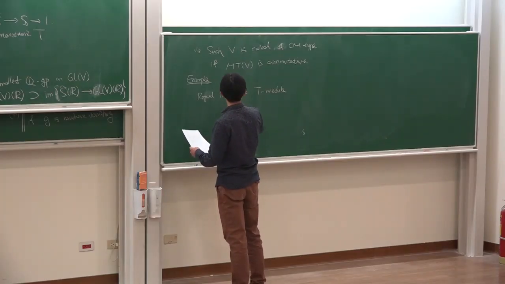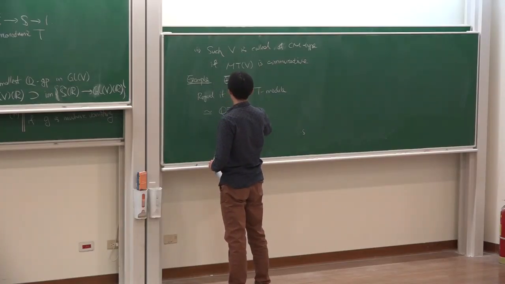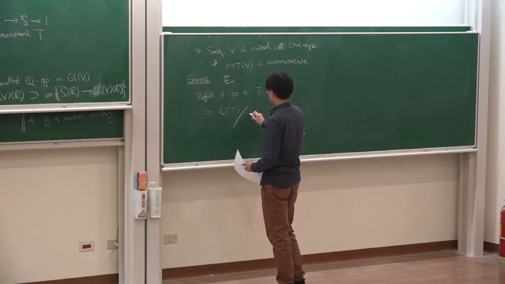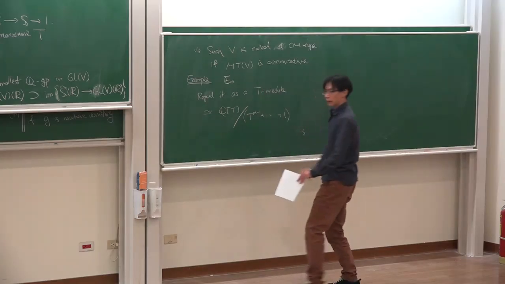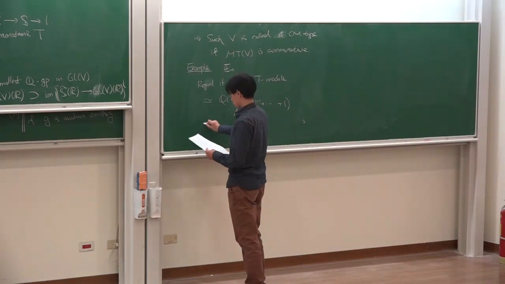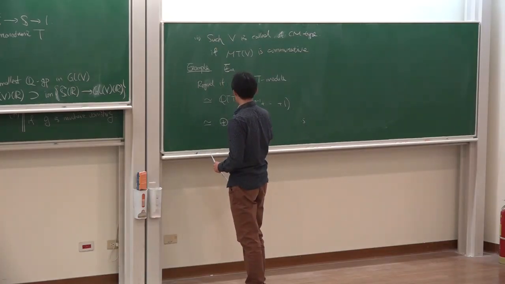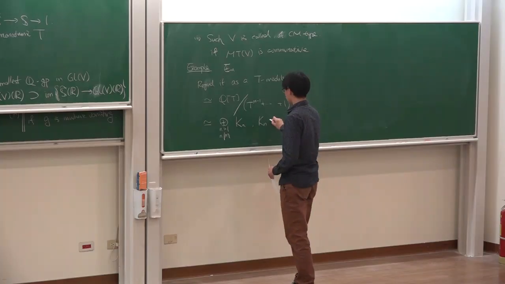So this is isomorphic to V with this T action, where T to the n minus 1 is 0. We know that this is isomorphic to a product of field extensions A_n, with n greater than 1 and n dividing m, where A_n is the cyclotomic field extension.